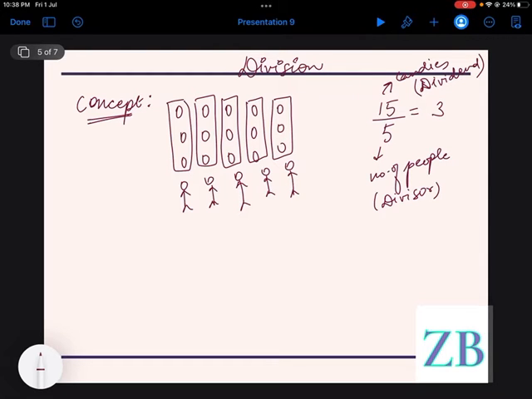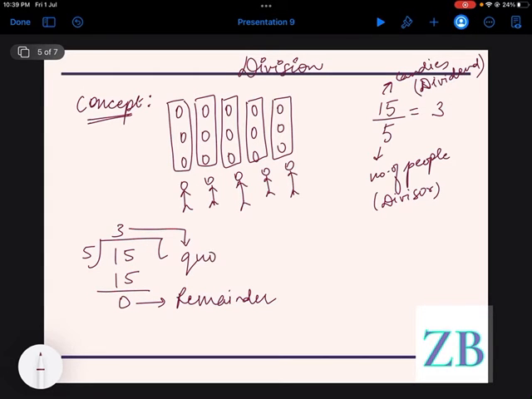So now we'll study the process of division. If 15 are the toffees and 5 are the people, how many times can 5 go into 15? So 3 times can 5 go into 15, and it leaves the remainder 0. The top number over here is called the quotient.